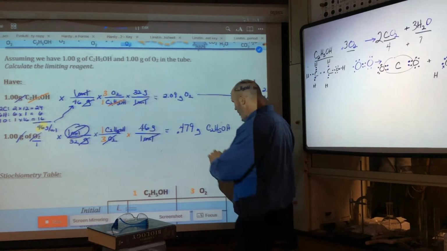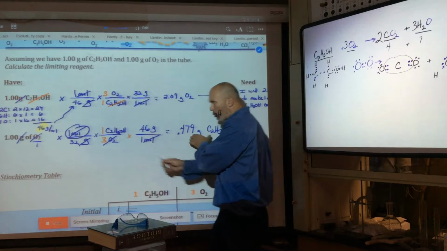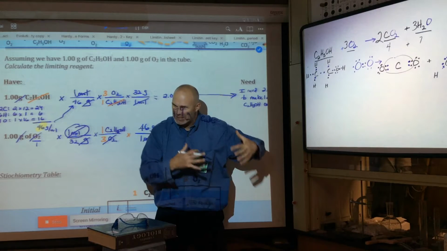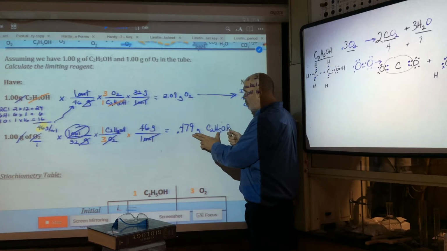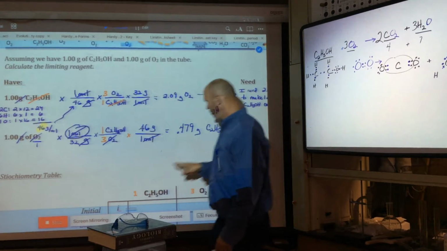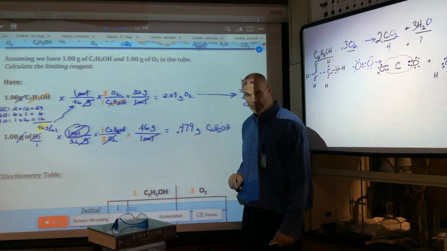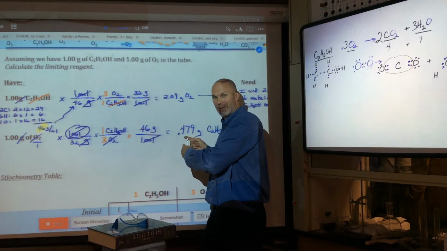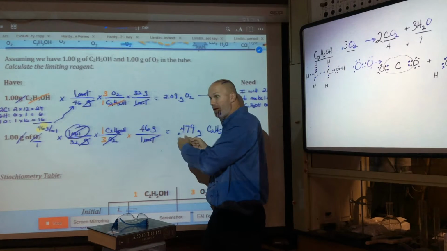This is how many grams of ethanol I need to make a gram of O2 completely run out and totally react and stop the reaction. Do I have, remember, look at the need. Do I have enough ethanol to drive a gram of O2 away? Yes. So clearly, don't I have more than enough? If I was to ask you how much excess, could you calculate it? You subtract 0.479 from 1.